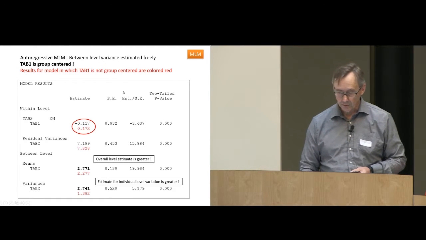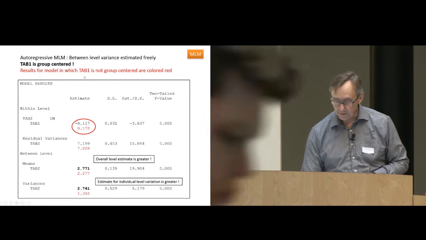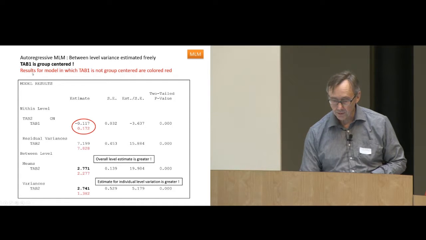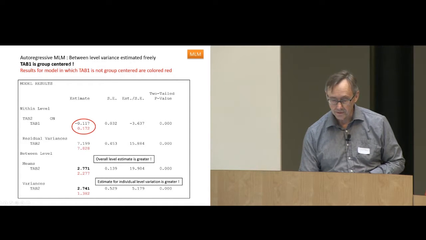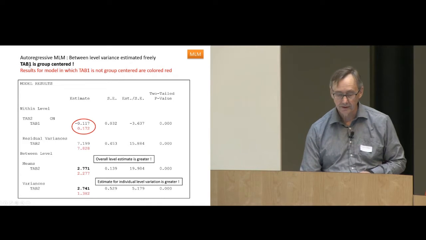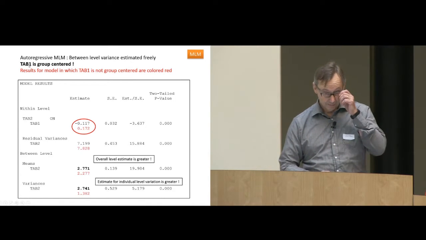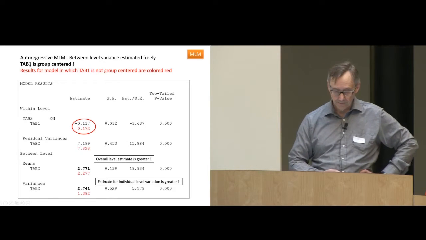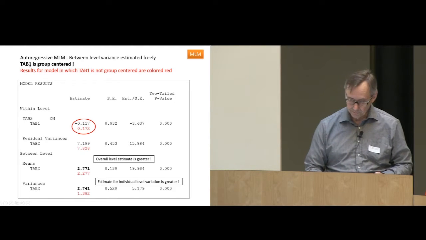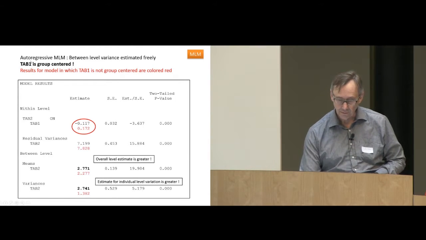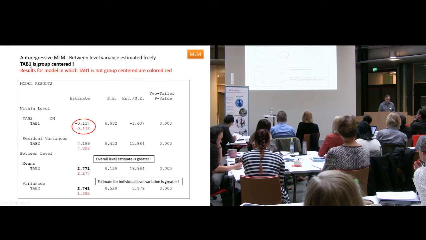Now I continue to use multi-level modeling, and now I center the tab 1, meaning that I use only those variations in tab 1 that are related to differences between individual means.